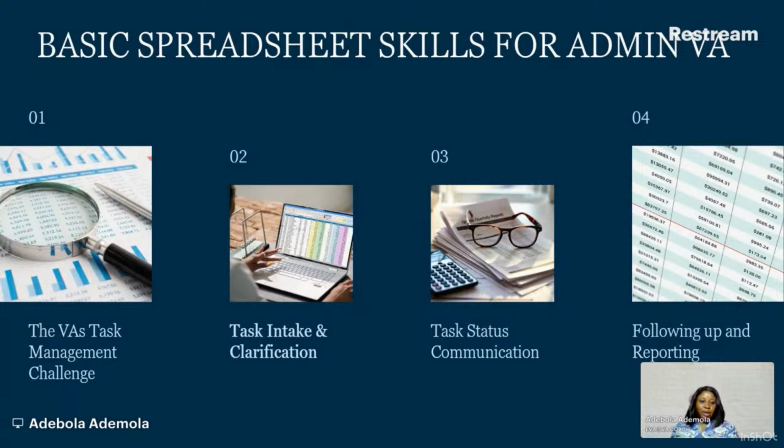So when a task is unclear, you have to ask questions in a very polite way. Maybe the person has that conversation with you and you say, okay, just to confirm, do you mean I should...? Just to confirm, you would like the report in PDF format? You can say something like, could you help me understand what the end result of this task should look like?